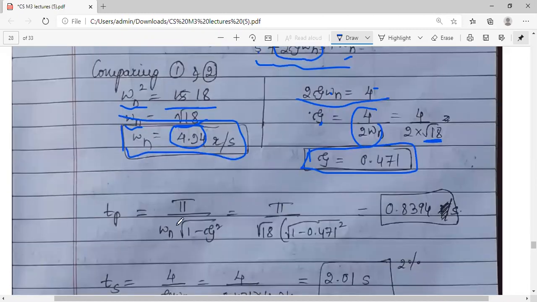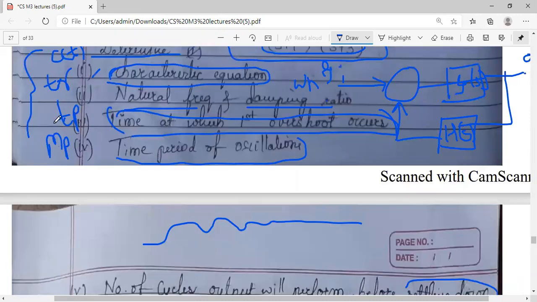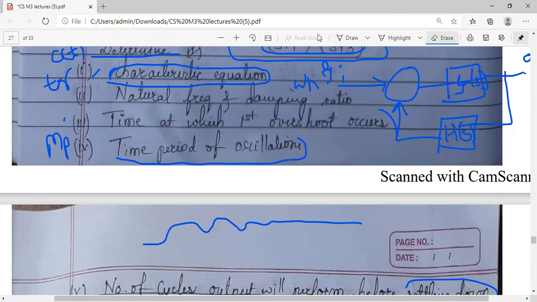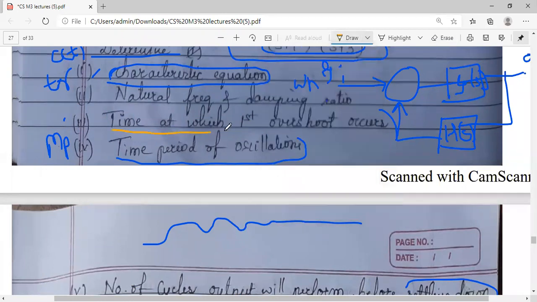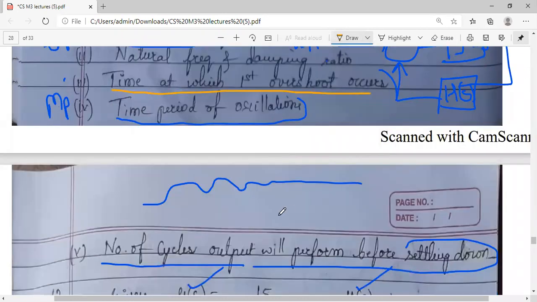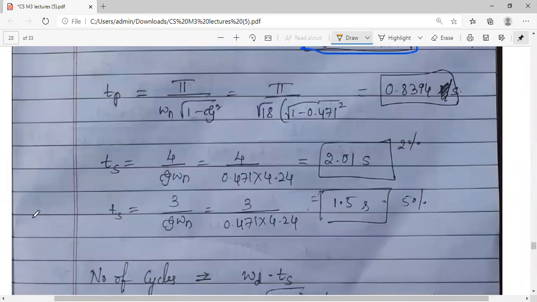Going for the next, as I told you, they have not directly asked you to calculate the peak time. They have asked you to calculate, you can see the third one, the time at which the first overshoot occurs. If this is your variation like this, the first overshoot will be here, the maximum peak.